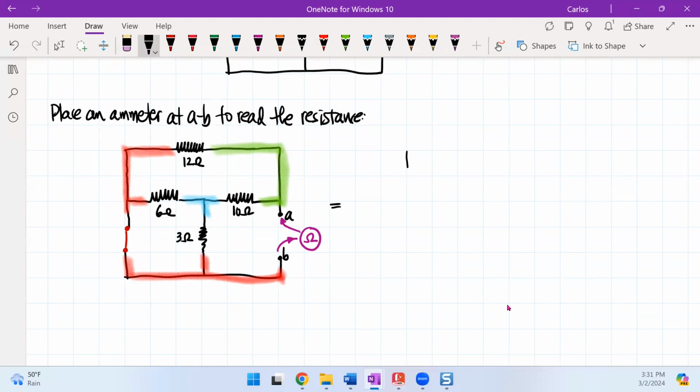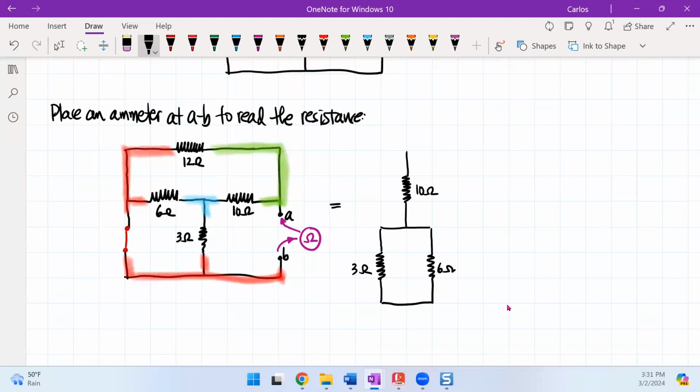So I have a resistor, because I could see that the 10 ohm is in series with the 6 and the 3. So then I'm going to get 10 ohms. I'm going to have 3 here and 6.